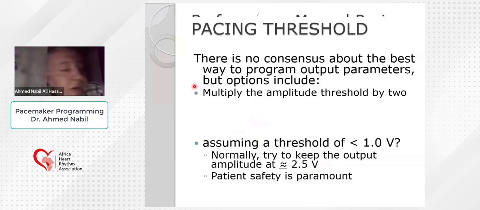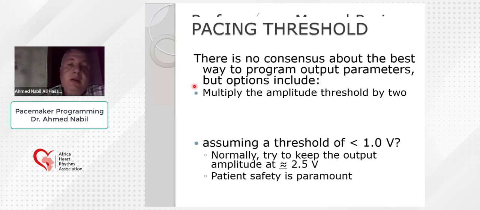Okay, say we had a pacing threshold value of, for example, 1 volt at 0.5 milliseconds. Based on the pacing threshold, we will decide what output the pacemaker will be programmed at.